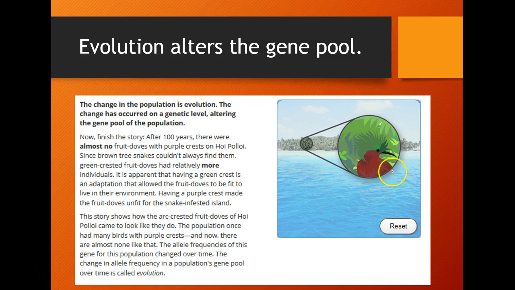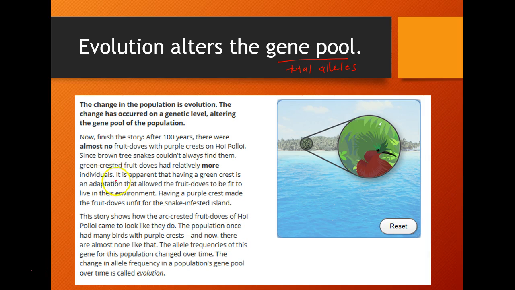So clearly what happened here was evolution. Evolution alters the gene pool, and remember, the gene pool has the total alleles for all the genes for a population. And so this change that we saw in the bird population clearly changed what genes and what alleles were in that gene pool.